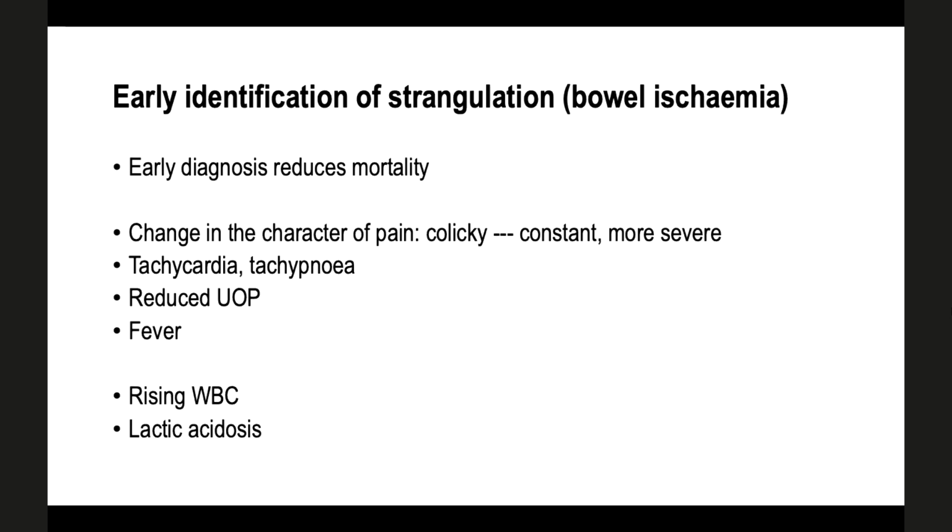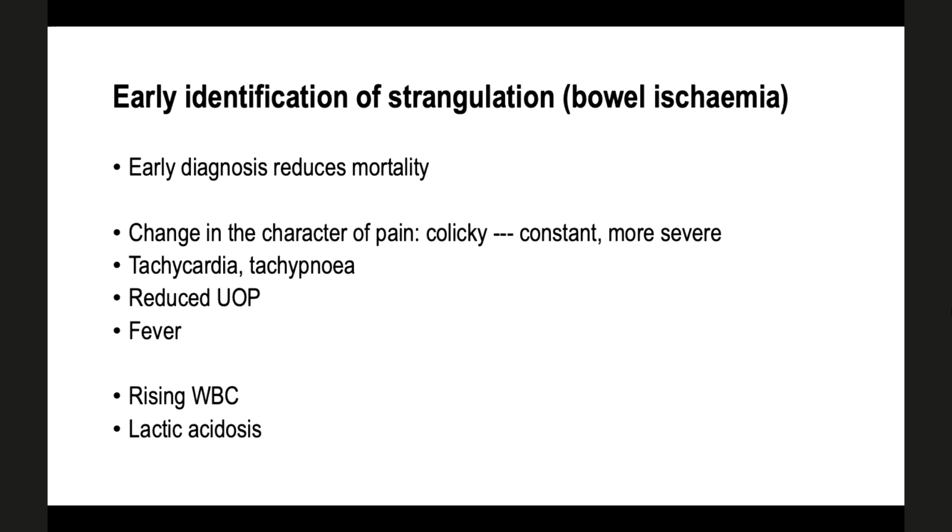So we should be able to clinically and biochemically pick up those patients with intestinal obstruction who may have early evidence of bowel ischemia. And there are various ways. Clinically, you will find that the character of pain, which we described initially as colicky pain, up and down, becomes a constant, very severe pain.